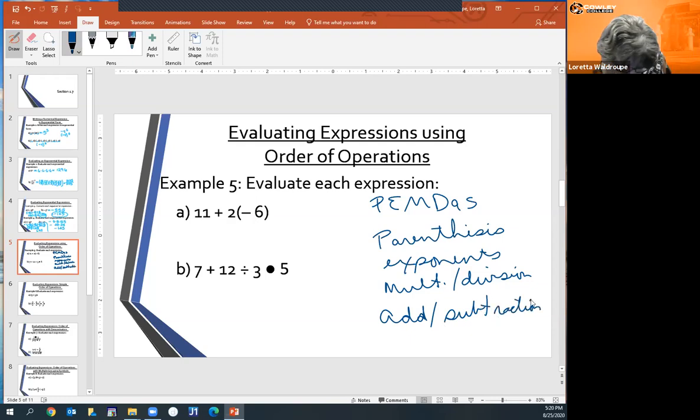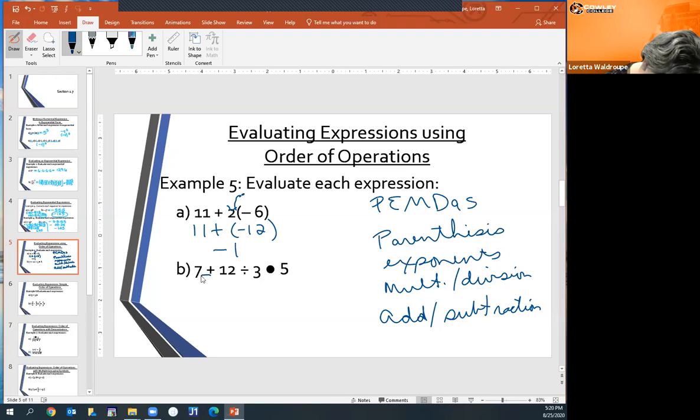So when I look at this first problem, do I add first, or there's nothing in there, so that's an implied multiplication. So 2 times negative 6 is negative 12. 11 plus negative 12 is negative 1.